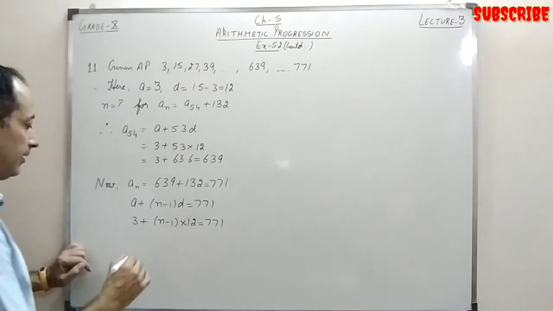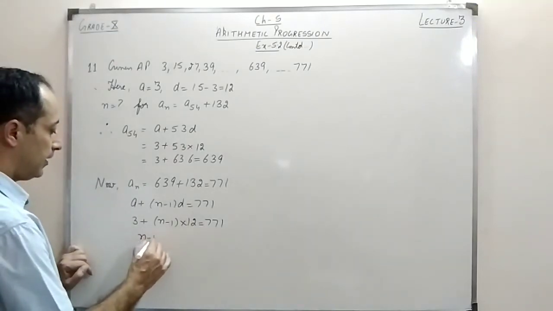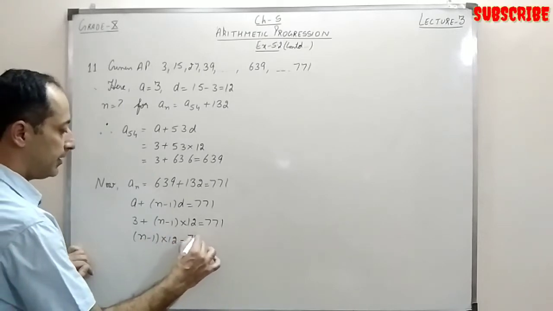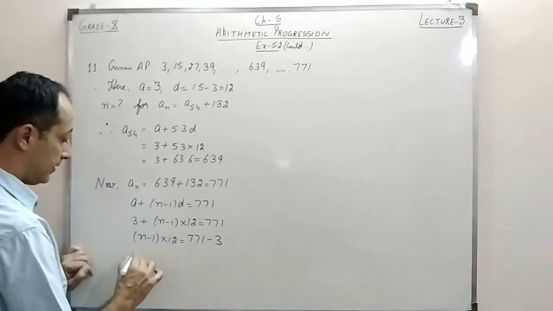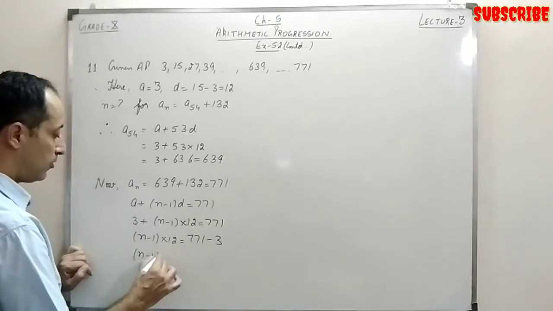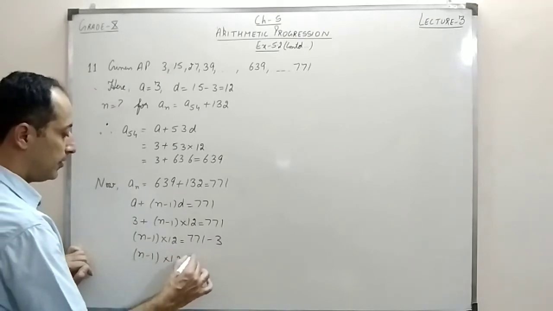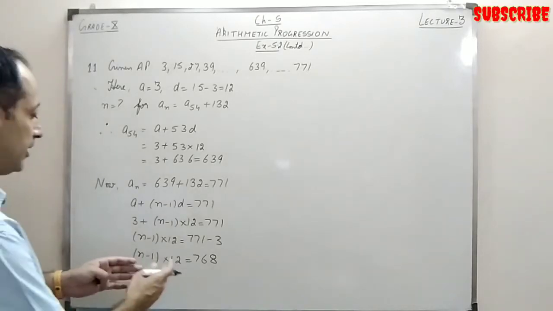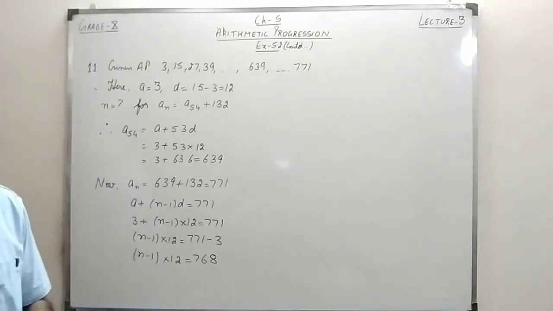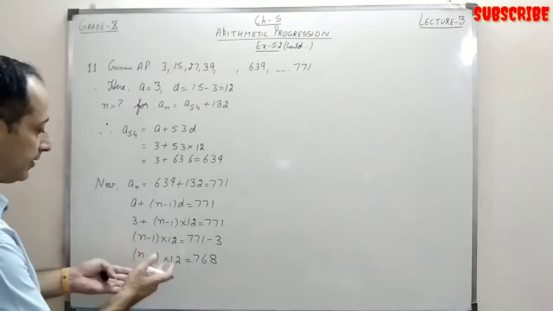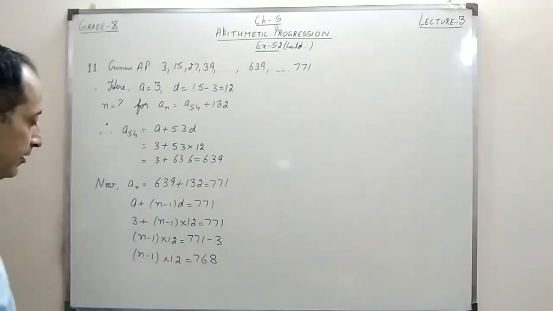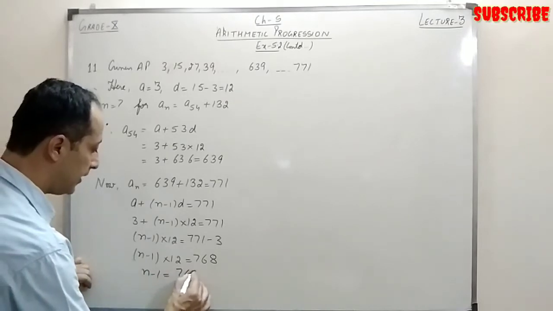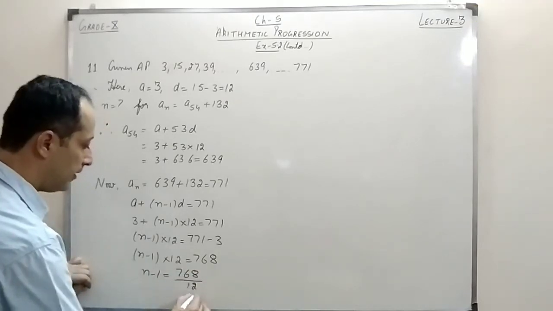Subtract 3 on the other side, we get n minus 1 into 12 equal to 771 minus 3. This is n minus 1 into 12 equal to 768. You can also do it this way: multiply 12 inside and then simplify. What I am doing is dividing by 12 on the right side. So n minus 1 equals 768 upon 12.